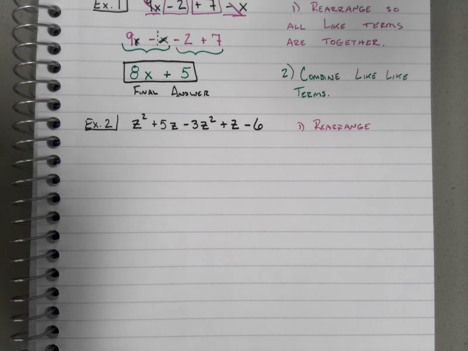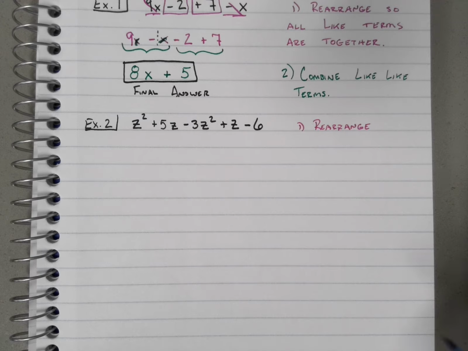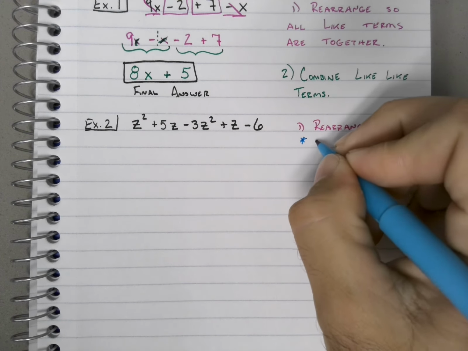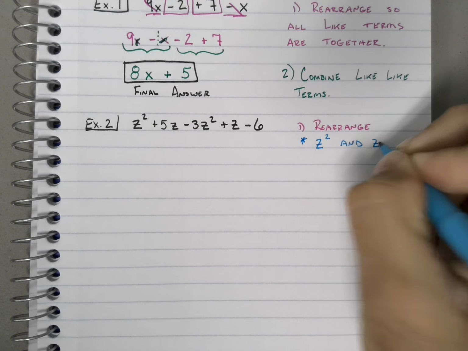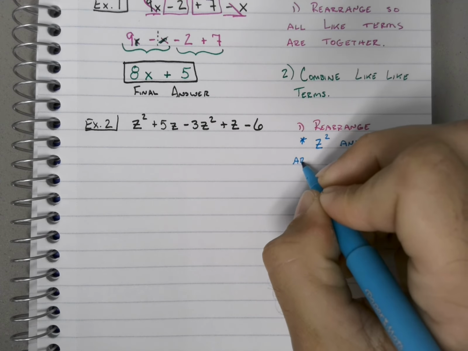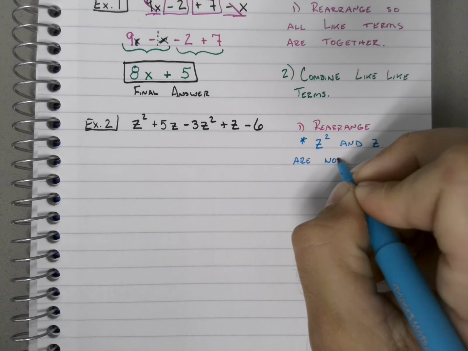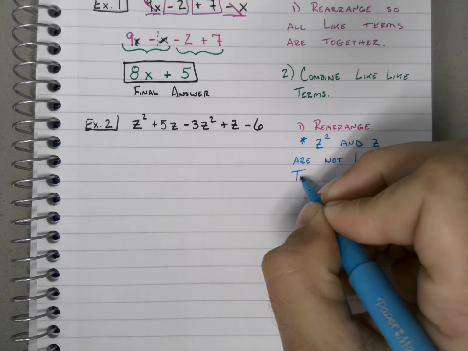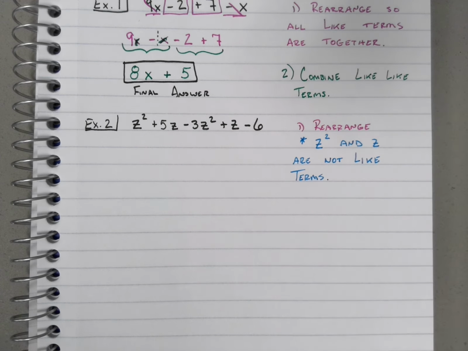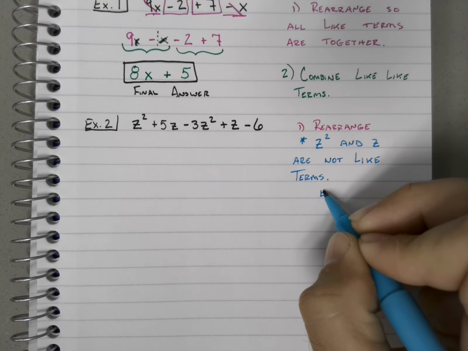Okay, so here's what we're going to do. We're going to make a little side note here. Z squared and z are not like terms. Okay, here's an example of that.